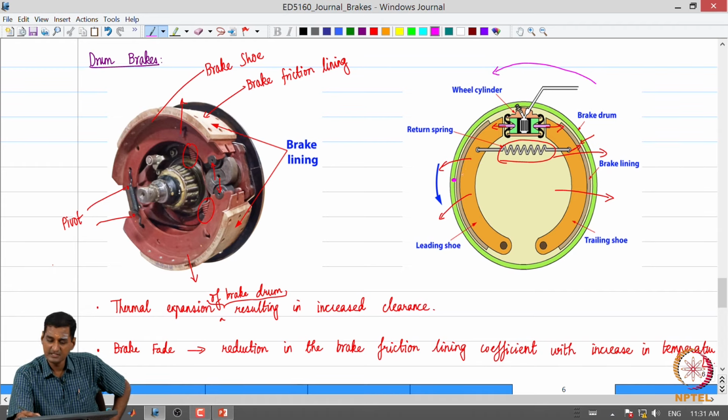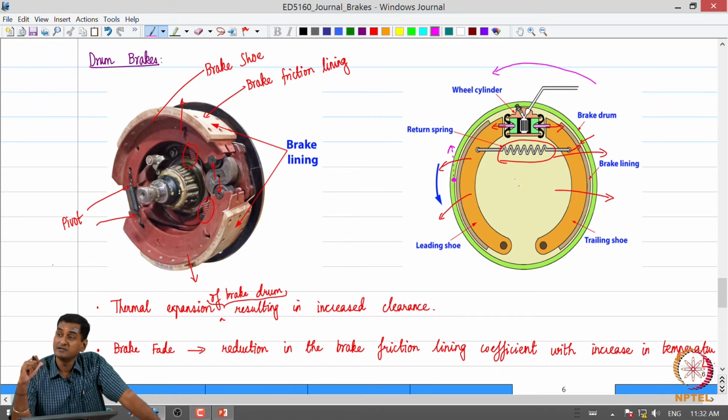Since the brake drum is rotating counterclockwise, we are going to apply a clockwise torque on the drum. If a clockwise torque is applied on the drum, the deceleration torque, if you lump the tangential force at this point, you will immediately see that at this point the friction force on the drum is going to be upwards. Only then you will get a clockwise deceleration torque. Do you agree? So, that is the direction of the lumped friction force at that point on the drum.